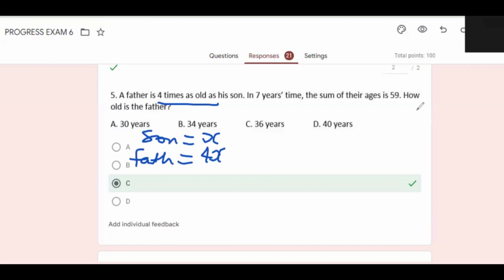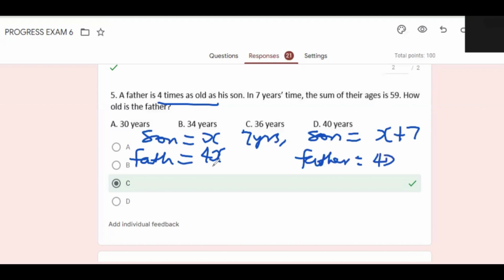So wouldn't it be x plus 7? Exactly. For 7 years' time, we need to get their future ages because this one is the present age. So in 7 years' time, the son will be x plus 7, since 7 must have been added to his age, while the father will be 4x plus 7 at that time. Okay, what do we do next?